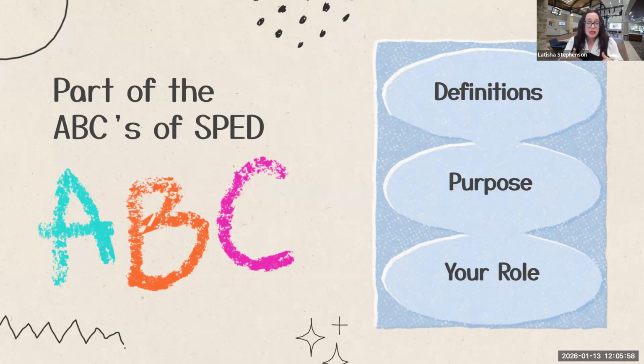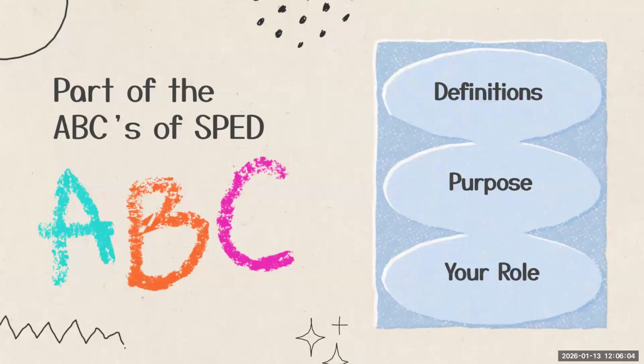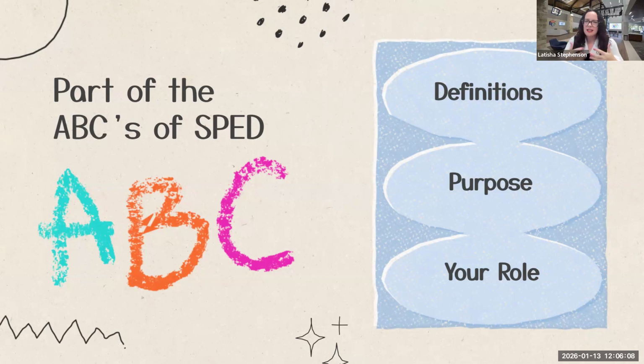I also can't go into specifics on your case because there are so many different components that come into play when we're talking about behavior and when we're talking about IEPs and evaluations. And that is not my role here at Region 10 to go case by case like that. I can answer general questions, but when it's very specific, I do not feel comfortable answering those questions because I would want to know the full scope of your student's plan and evaluation and situation.